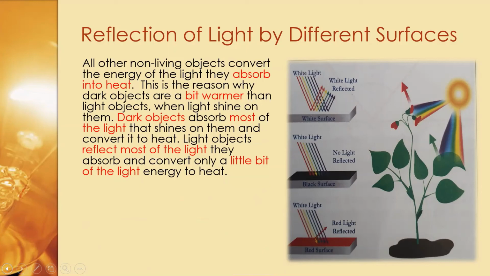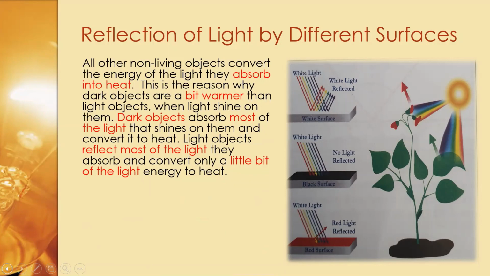When light shines on them, dark objects absorb most of the light. The black surface absorbs most of the light that shines on it and converts it into heat. As you can see in the picture, no light is reflected because the black surface already absorbed most of the white light.